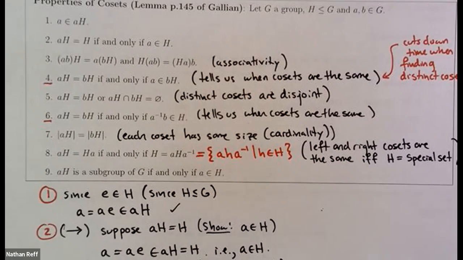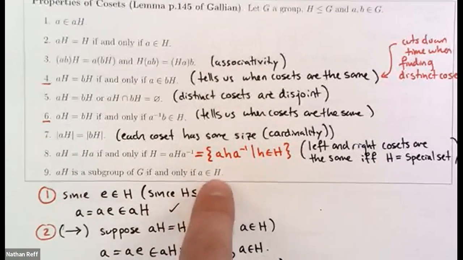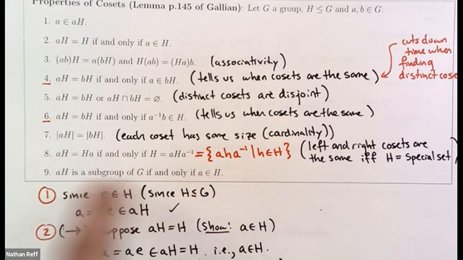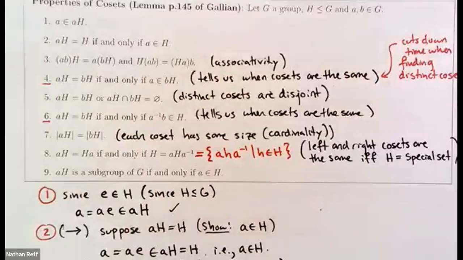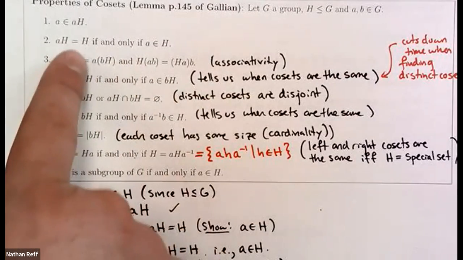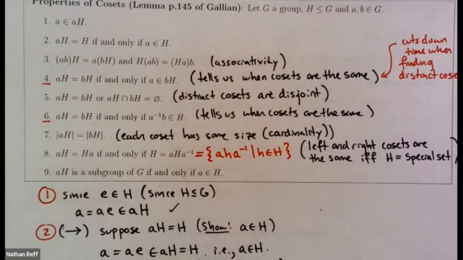Okay. And then AH is a subgroup if and only if A is in here. And that last condition really just follows from number 2 there, right? Because the only time that you're going to even get a subgroup is when your coset is equal to H, because that's the only one that has the identity in it.